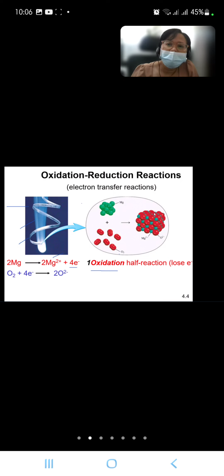As you can see, on the right side of the arrow, there are 2 moles of oxygen atoms, and each atom accepts 2 electrons. That's why the charge is negative 2. So the total is 2 times negative 2, which is negative 4.